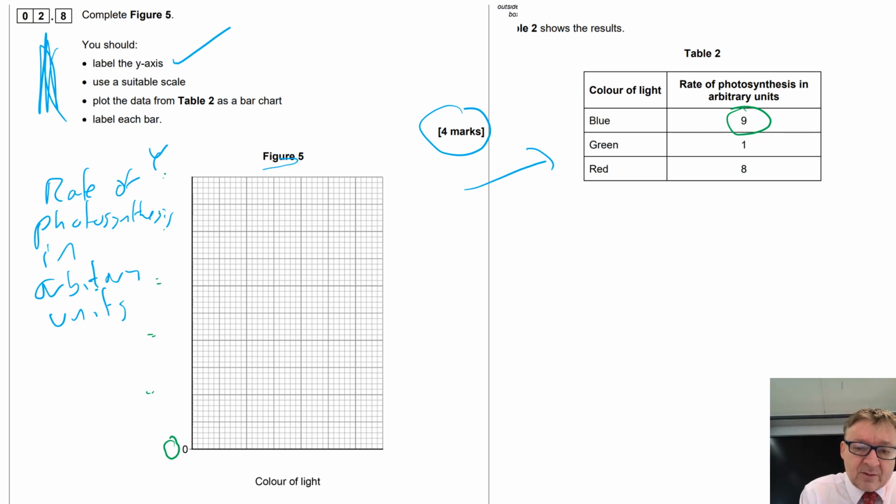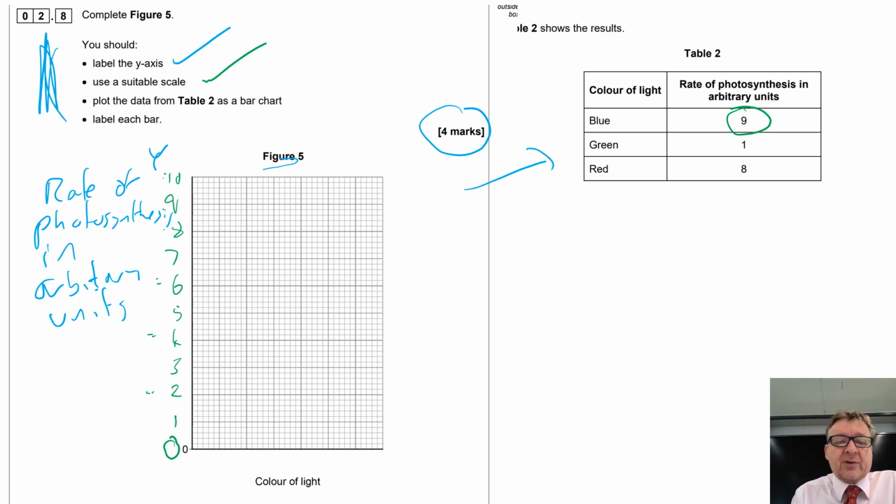So I'm going to go 1, 2, 3, 4, 5, 6, 7, 8, 9, 10. There we go. Tick. Suitable scale because it goes up nice and easy. It's all even. And it goes right the way to the top. Suitable scale. 2 marks. Fabulous.